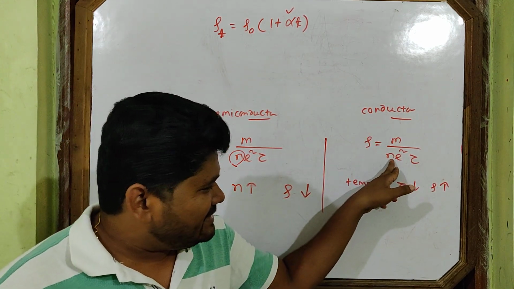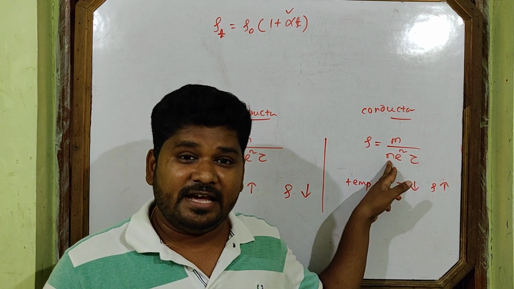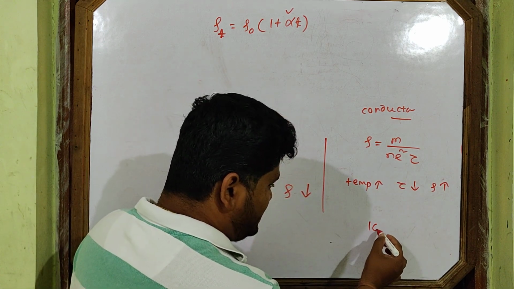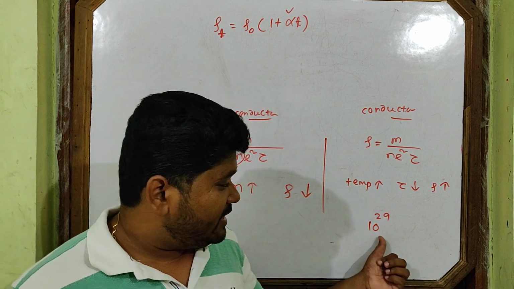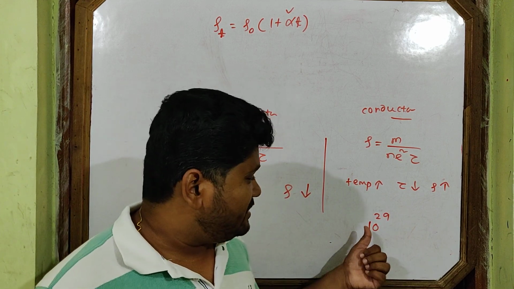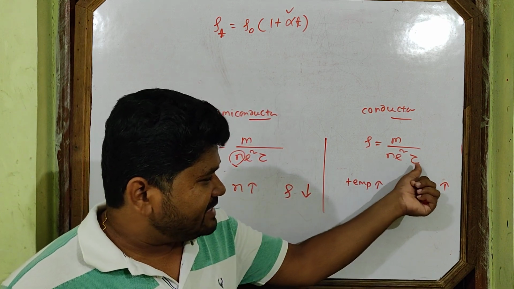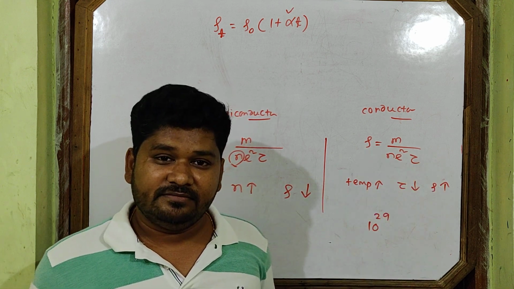In a conductor, this N is very large. A large number of charge carriers are there in a conductor. I have told you one calculation: 10 to the power 29 per meter cube free electrons are available in a conductor. When temperature increases, actually both get affected, N and tau.